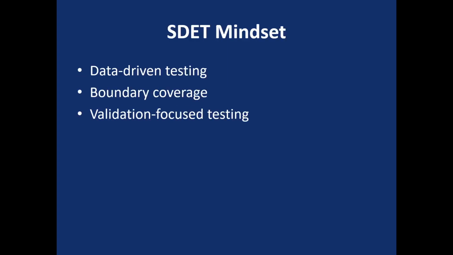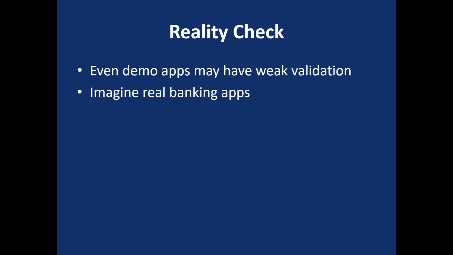The SDET mindset should be data-driven, boundary coverage and validation-focused testing. The reality check is very important: even demo sites like Sauce Demo have weak validation, and just imagine real banking apps. This is a must for a real QA or SDET to validate all those things.